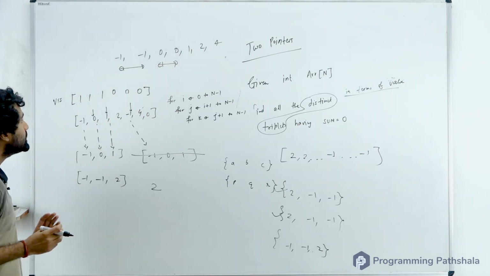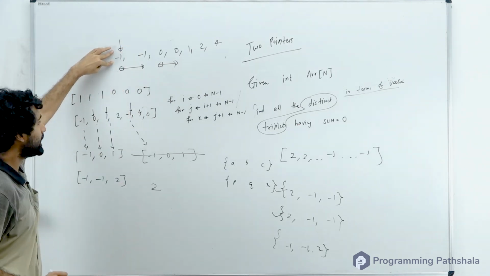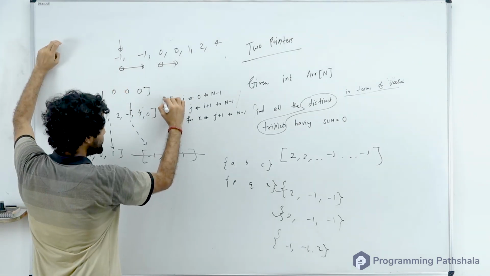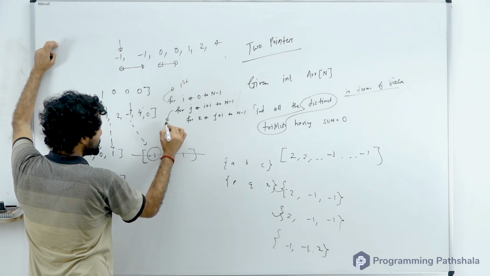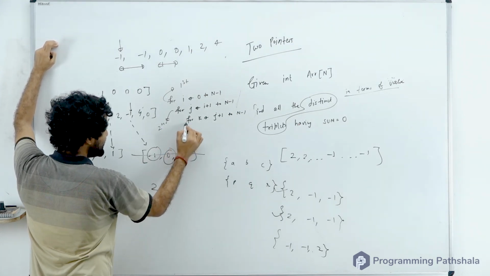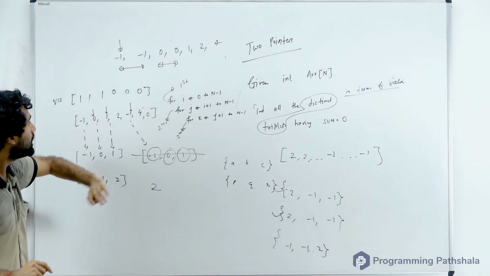Okay, now the thing is that if let's say you consider this thing as your first element, okay, so is it right that this is like your first element of the triplet, this is like your second element of the triplet, and this is like your third element of the triplet, correct?